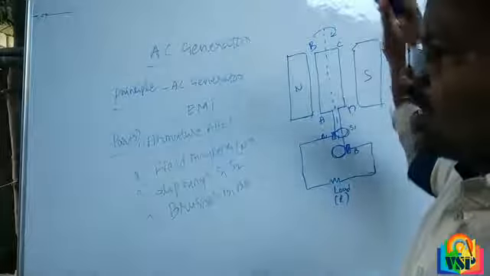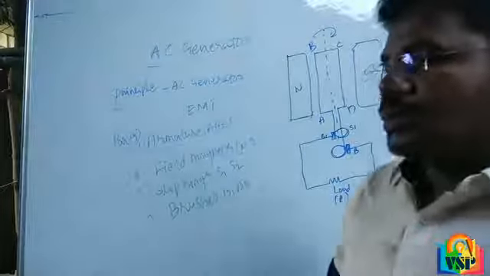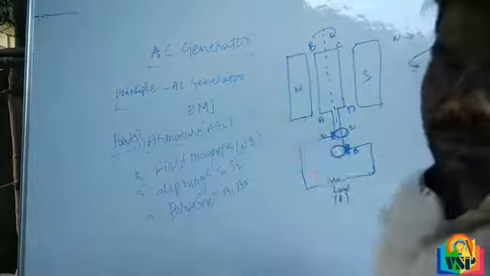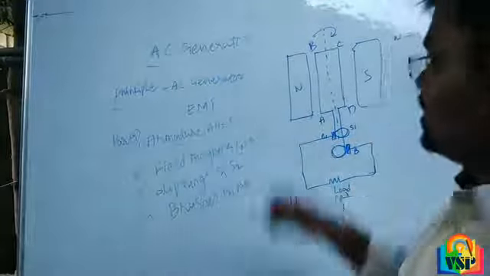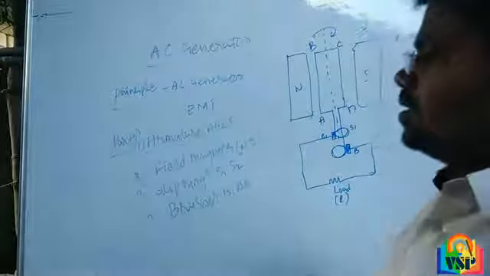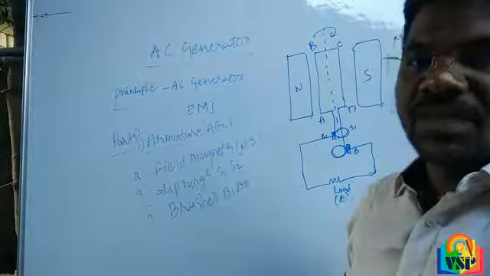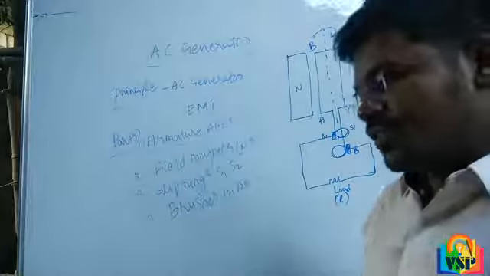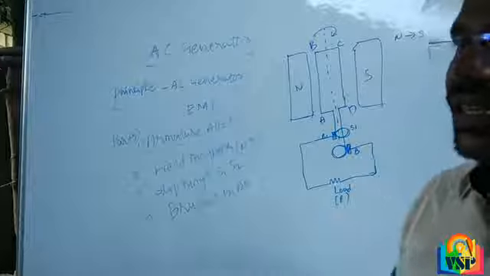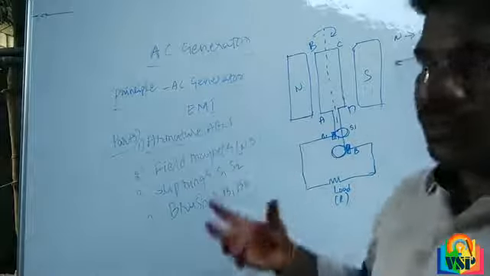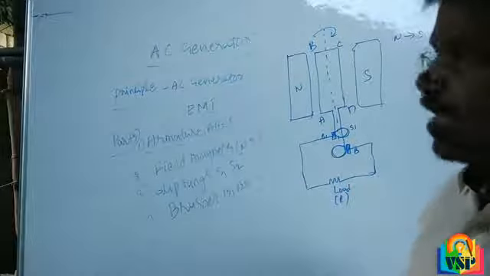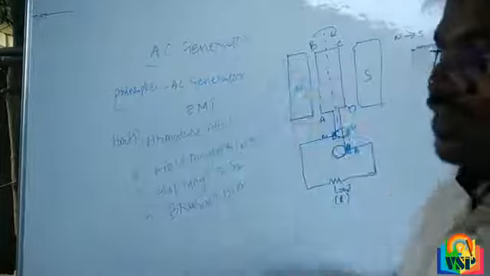This shaft we can connect to any turbine or any engine, which is a petrol or diesel engine, or water flow. We connect this to water flow. If water flows, the turbine will rotate.